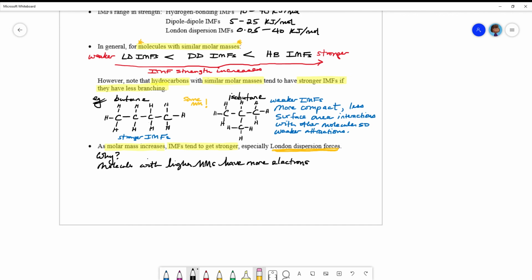What do more electrons have to do with anything? Well, more electrons makes a molecule more polarizable. I'm going to write that word down in capitals, polarizable.